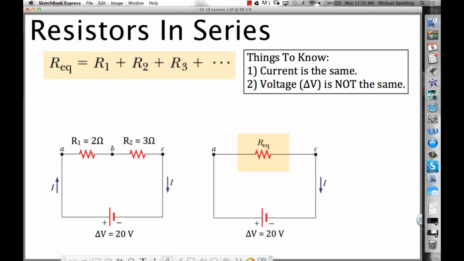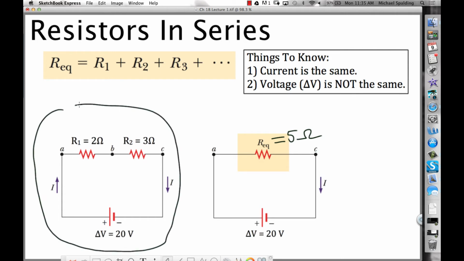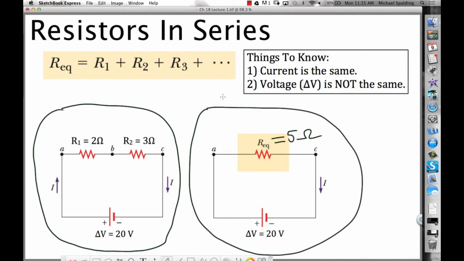Now, we've got a 2 ohm and a 3 ohm. What's that going to simplify to? A 5 ohm. So this picture on the left is the original circuit. This picture on the right is the simplified circuit. They're identical to each other, just the one on the right is simplified.